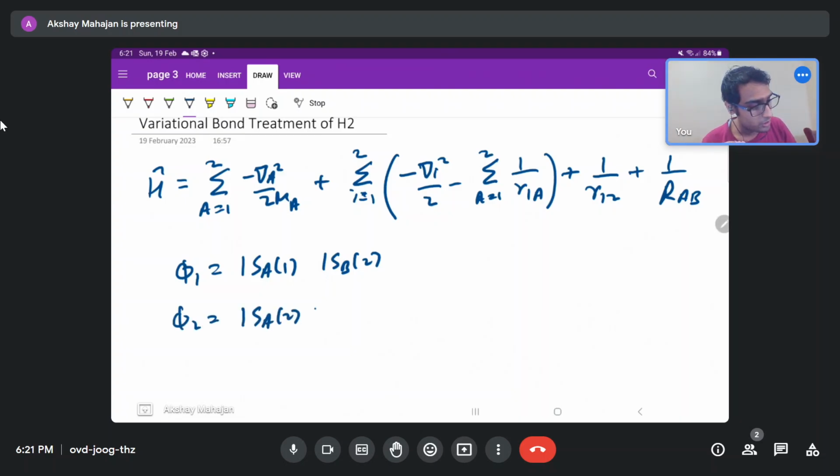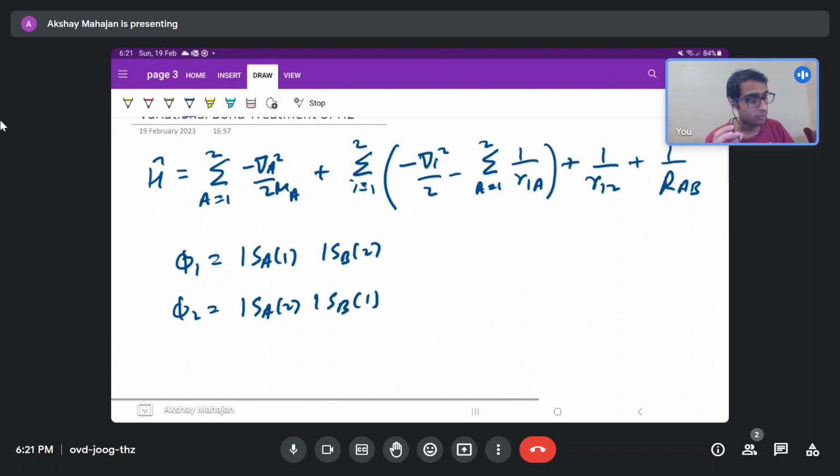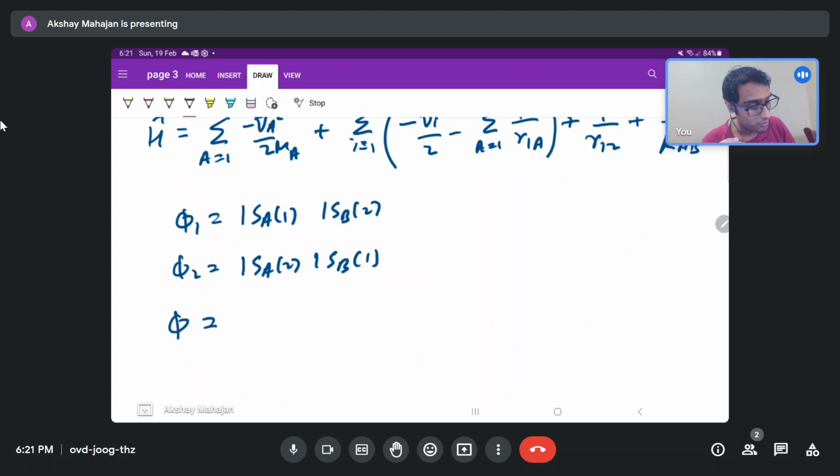One SA2 and one SB1, which is again atom A having electron 1 and atom A having electron 2 and atom B having electron 1, and then our phi function will be a linear combination of C1 phi1 and C2 phi2.